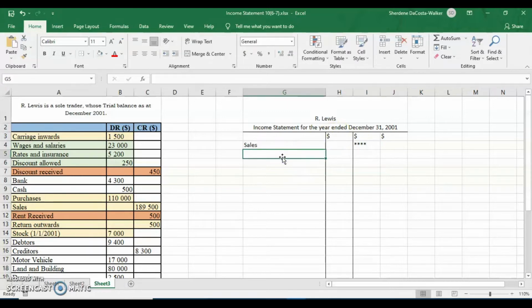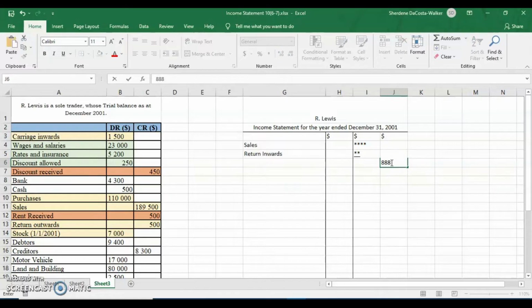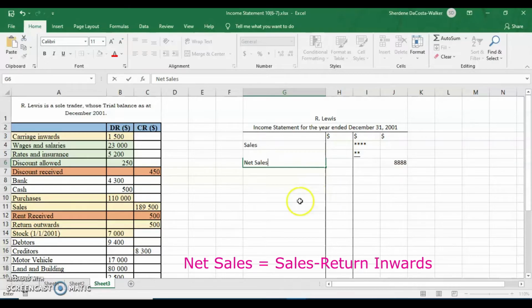And then I would have my return inwards. Put my return inwards in, and then whatever answer I get here would be called my net sales. That is if I have a return inwards.